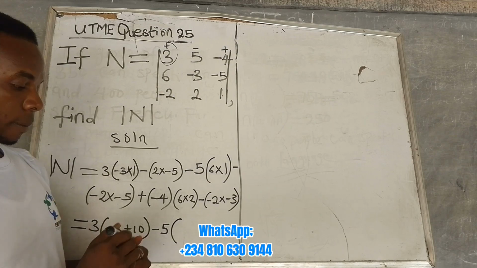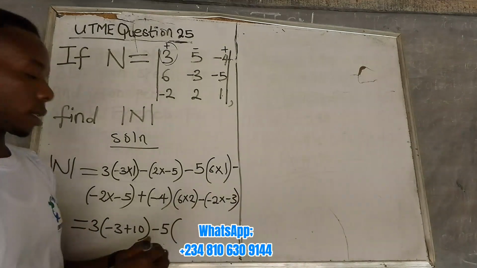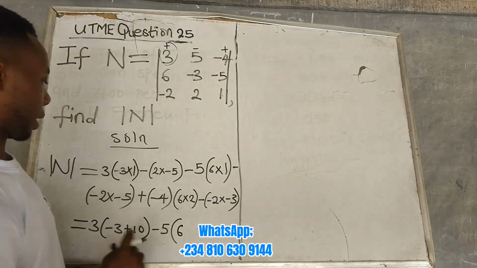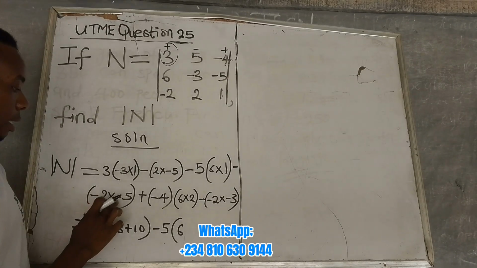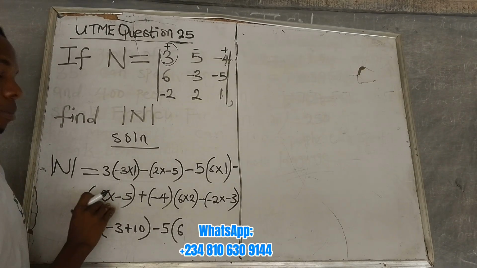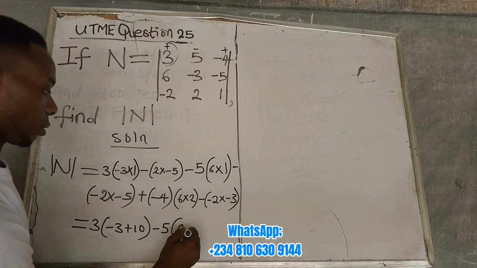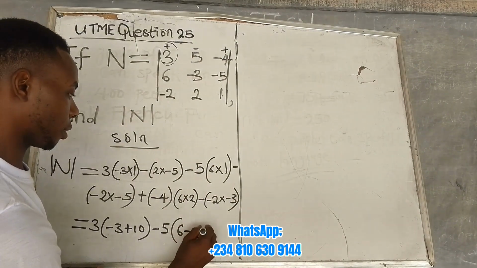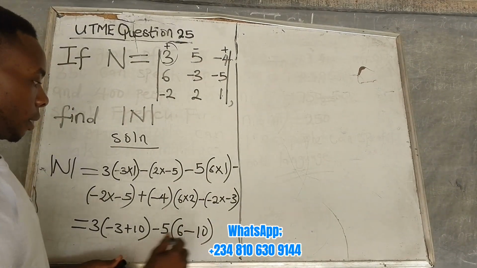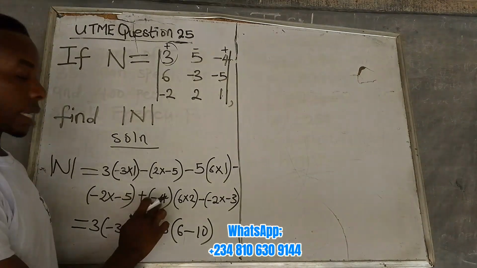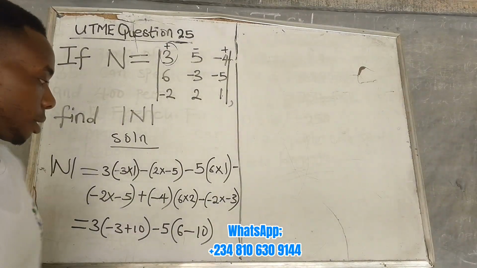We put another bracket. 6 times 1 is 6. Right? Minus 2 times minus 5 is plus 10. Right? Plus 10 times minus gives us minus. So we say minus 10. Close the bracket. And the next thing is plus times minus. Plus times minus is minus.